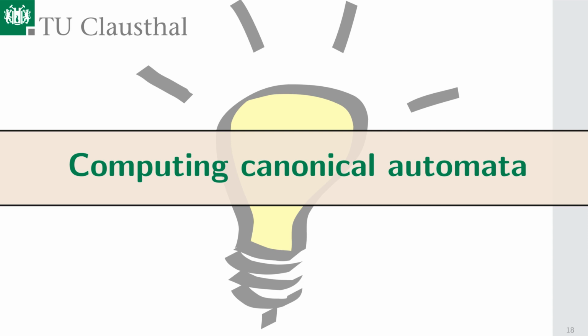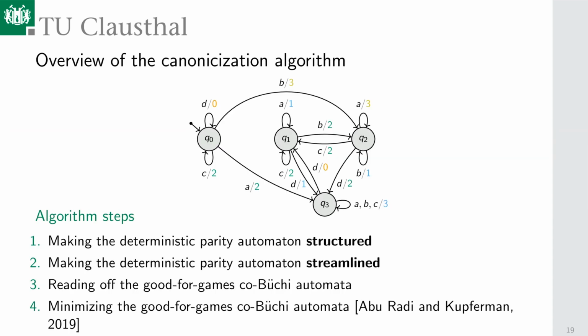Now that we have a definition of the natural color of a word, let us turn towards the question of how to compute a canonical representation of an omega regular language as a chain of co-Büchi automata. It turns out that the process for doing so is actually quite simple when starting from a deterministic parity word automaton with transition-based acceptance.